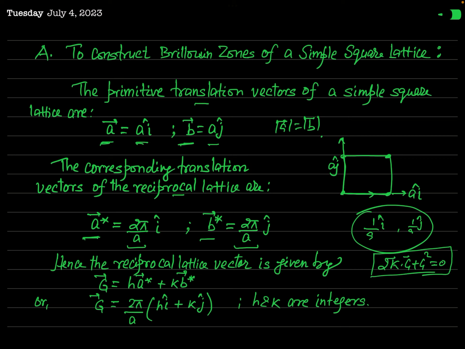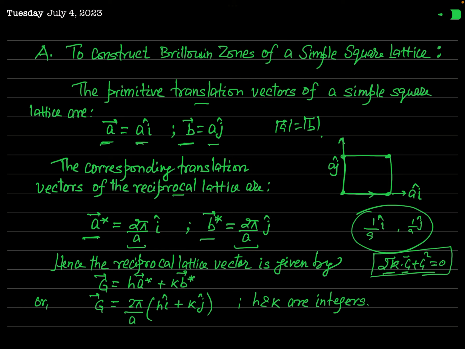To apply the Bragg's condition, we have to find the wave vector and the reciprocal lattice vector. In this expression, kappa represents the wave vector, and this capital G vector represents the reciprocal lattice vector. So to apply the Bragg's condition, we have to define these two vectors.